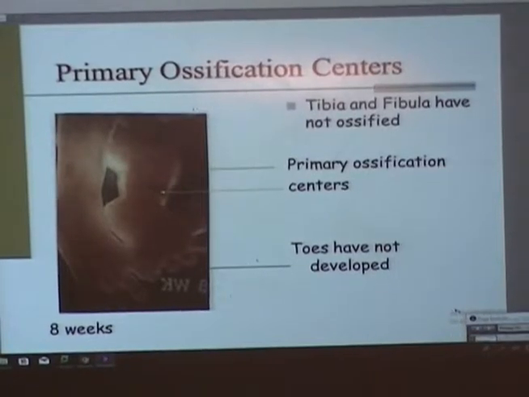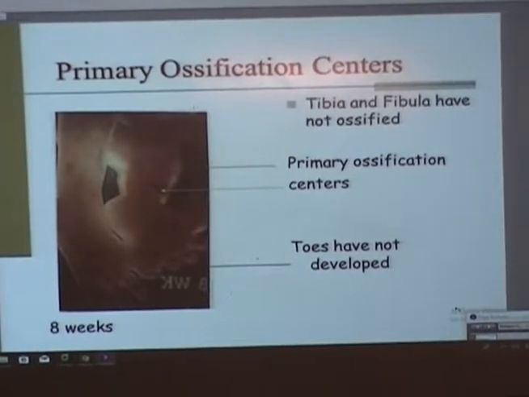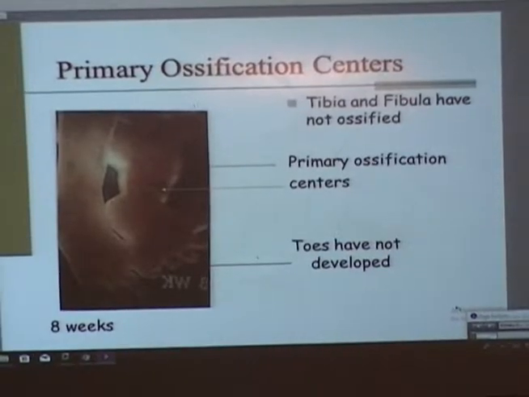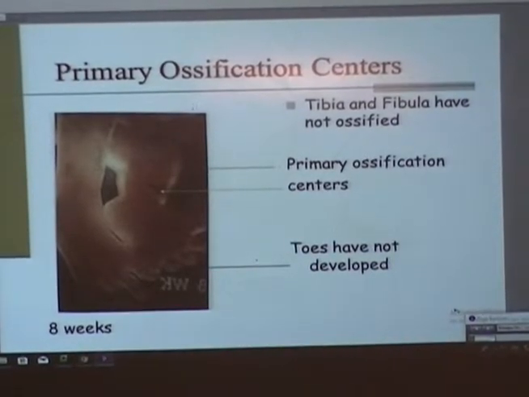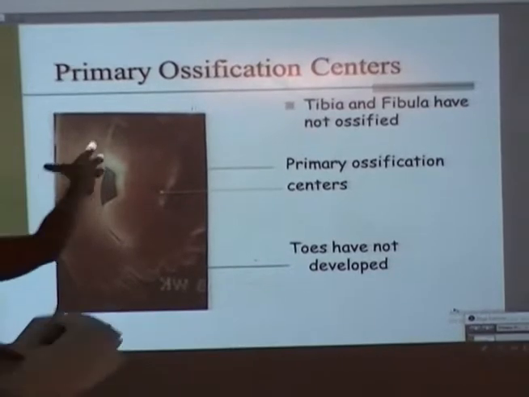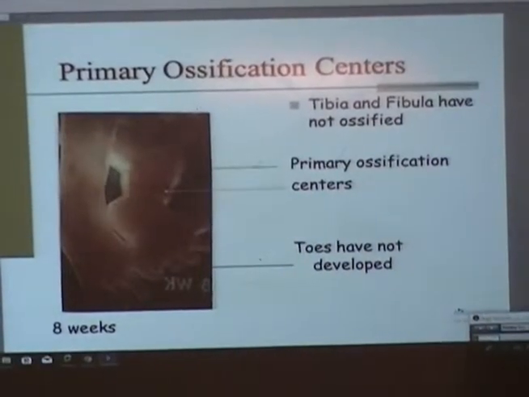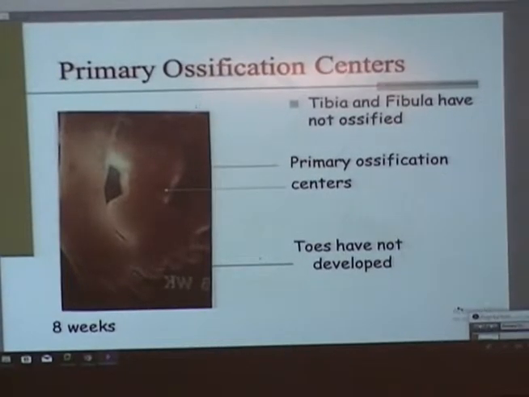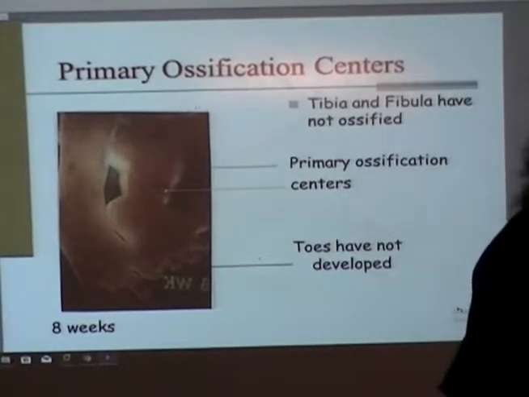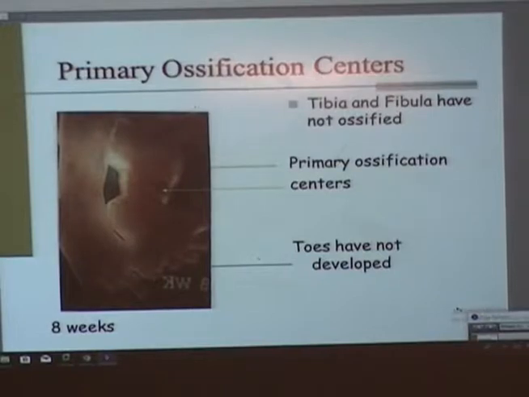So now we get to 8 weeks, all right? And we see some interesting things beginning to happen. Because so far, this little clump of cells is like a relatively stiff piece of jelly, right?